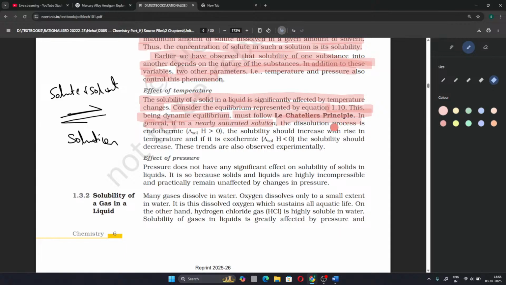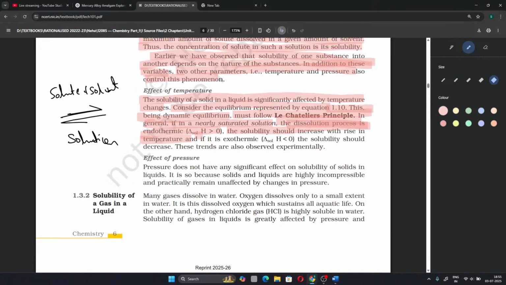for the solute to dissolve in water, maybe due to bond breaking, it needs energy, where the enthalpy of dissolution is more than zero. It requires energy. The solubility should increase with the rise in temperature, as we saw before. For an endothermic dissolution, we need to provide energy.